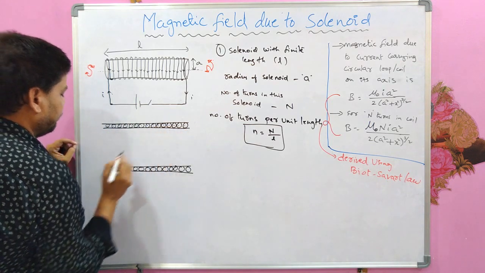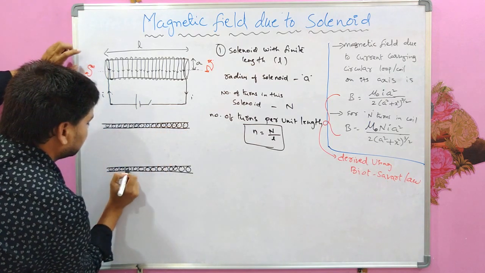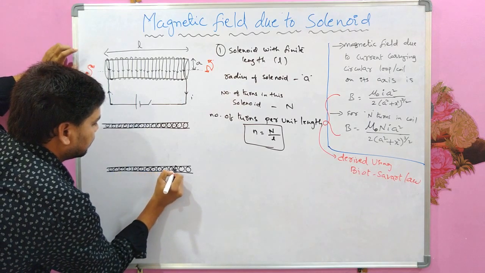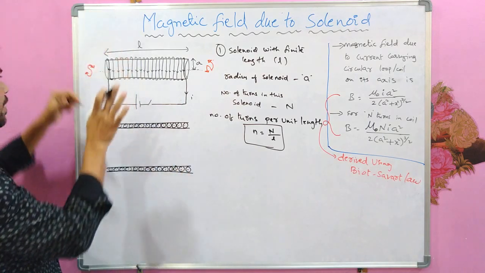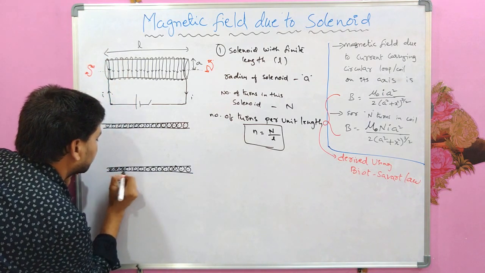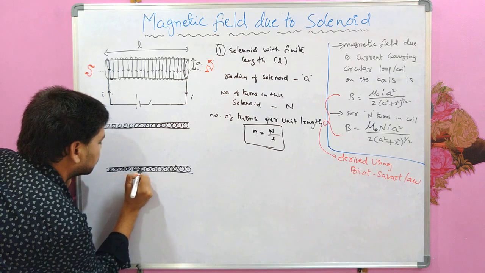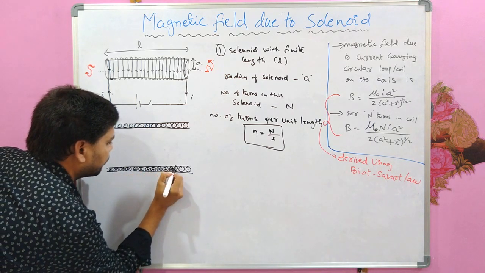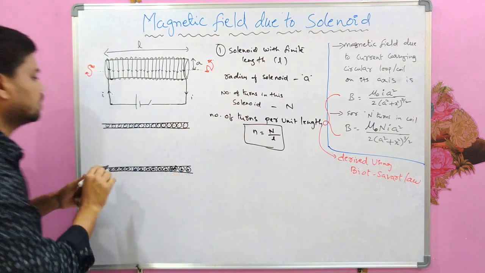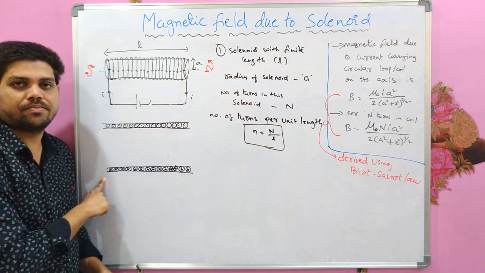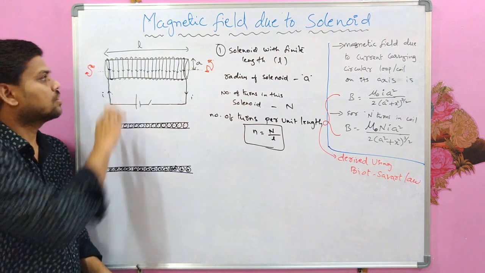If you see the above picture, the current is coming out from the top and entering into the solenoid at the bottom.